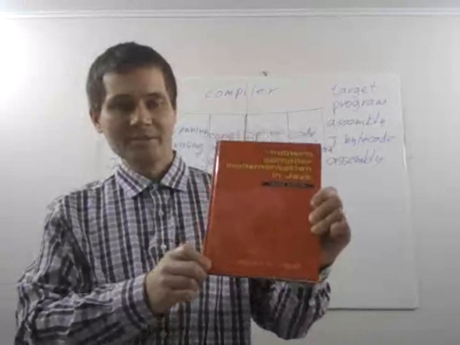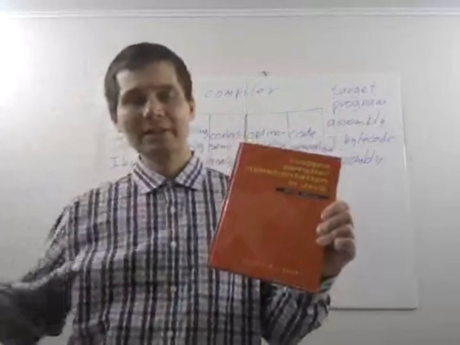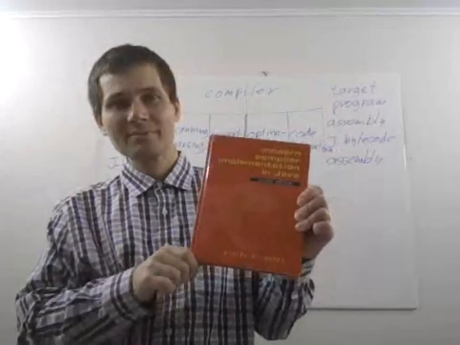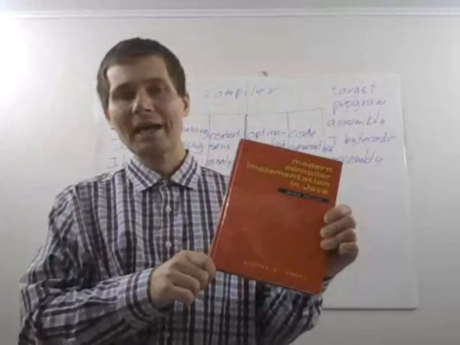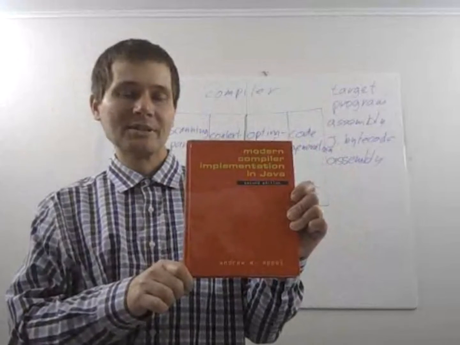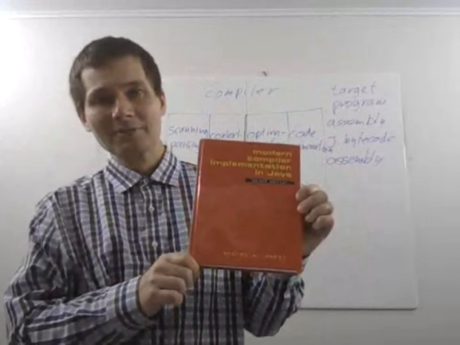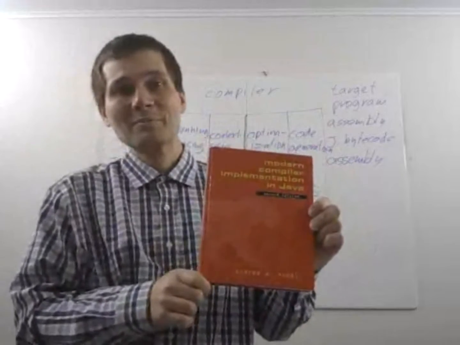I list this book because, out of all the various compiler books that are out there, this is my favorite in terms of covering interesting topics and explaining things succinctly and clearly.